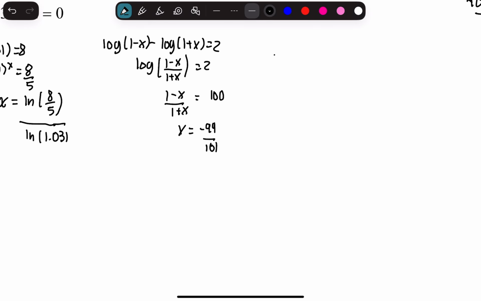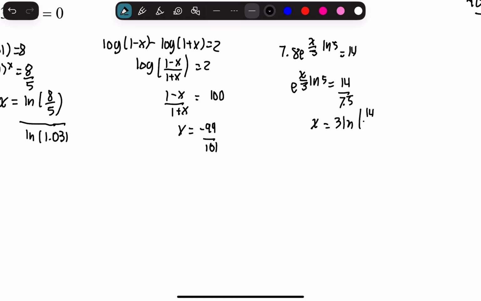So now let's say that we have 7.8 e to the x over 3 ln 5 is equal to 14. e to the x over 3 ln 5 is going to equal 14 over 7.8. So that means x is going to equal 3 ln of 14 over 7.8 divided by ln 5.